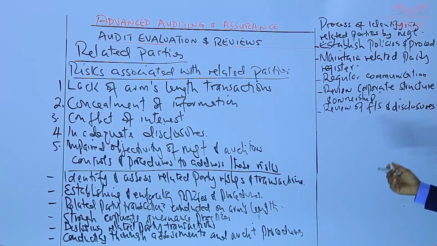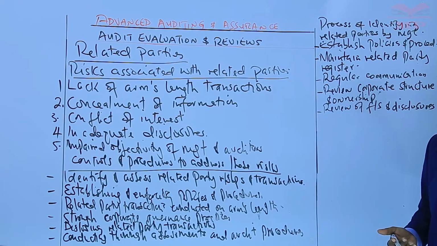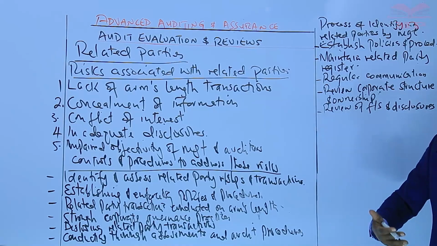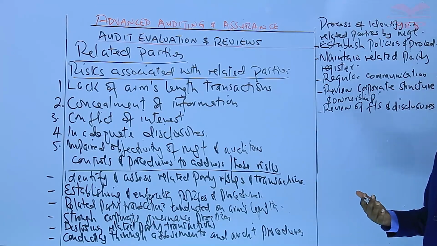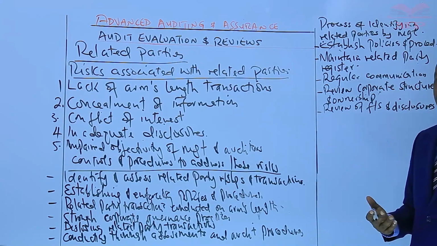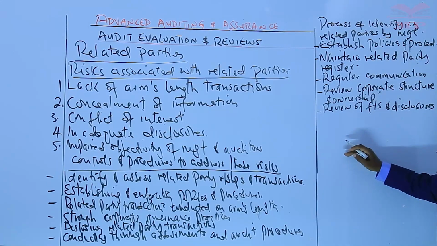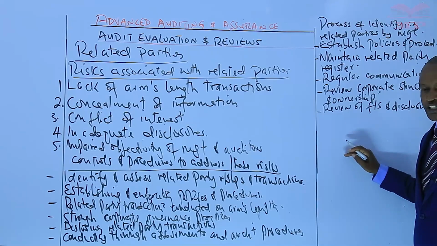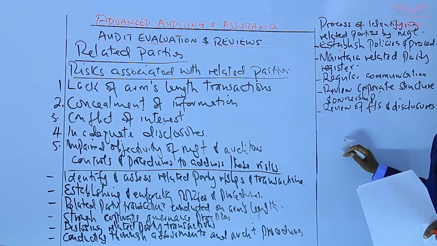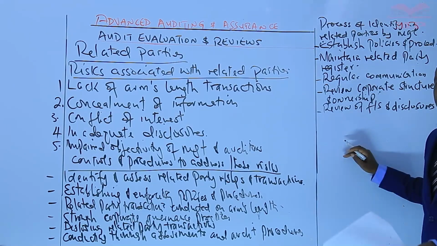By reviewing financial statements and disclosures, the management can identify related parties. The management should carefully review the financial statements, including the footnotes and related disclosures, in order to identify any indications of related party transactions.